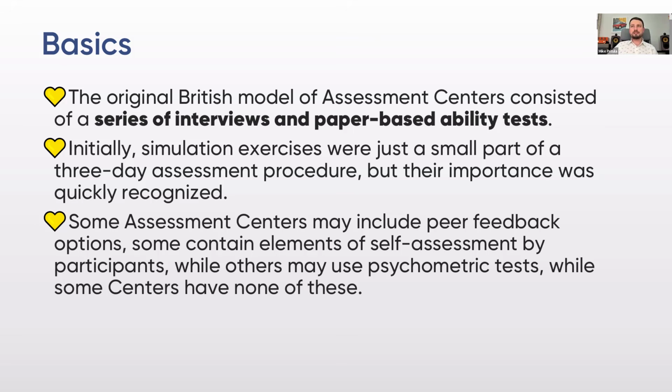Some contain elements of participant self-assessment, while others may use psychometric tests, for example tests from companies like SHL. In other centers, none of these elements are present, so assessment centers can vary widely. In my experience too, they've been quite diverse. Different approaches were used for different positions and different objectives.